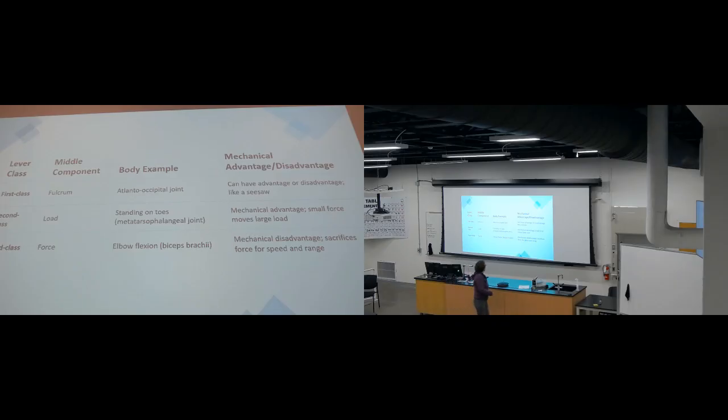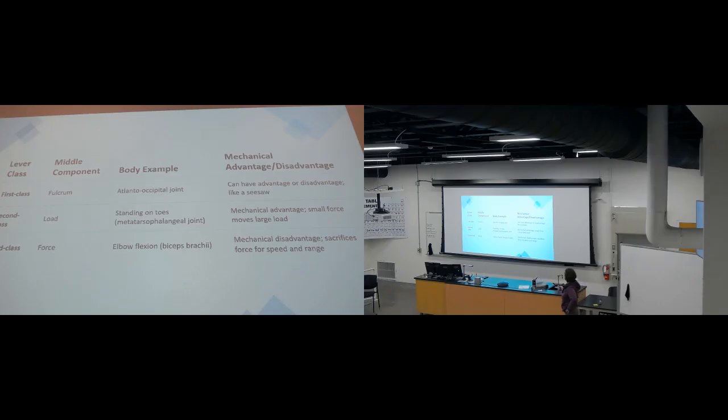So here are some examples of these types of levers. For first class, in which the fulcrum is in the middle, remember, because that's the first letter of the first class, we have in the body the atlanto-occipital joint.